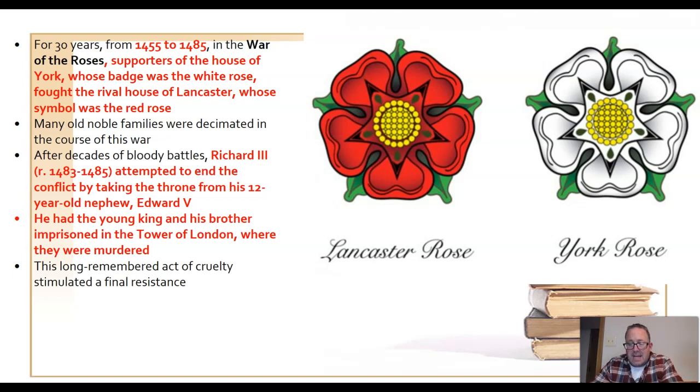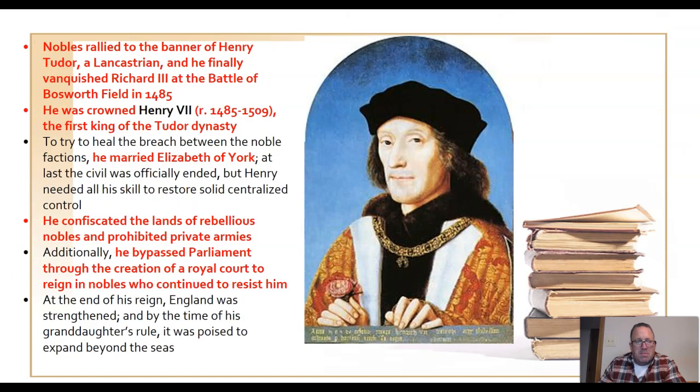Suffice it to say that the war comes to an end when one of the Lancasters, whose name is Henry Tudor, got that? Henry Tudor, is able to defeat the existing king, Richard III, and he is able to take control.